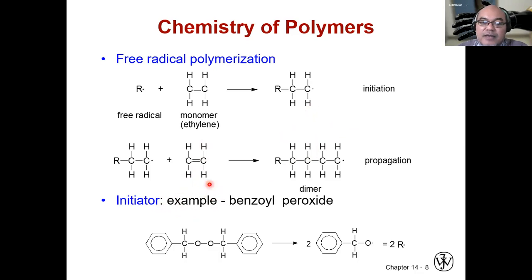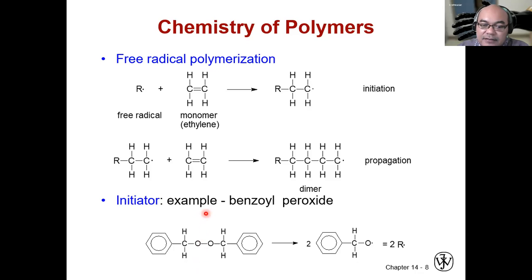And you may ask, what is then an example of this free radical? So this is the example. It can be made from benzoyl peroxide. Benzoyl peroxide has this structure, consisting of a phenyl functional group connected to a carbonyl functional group, doubled.